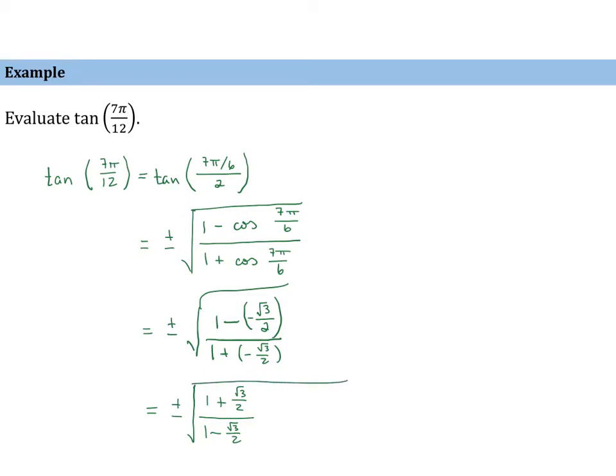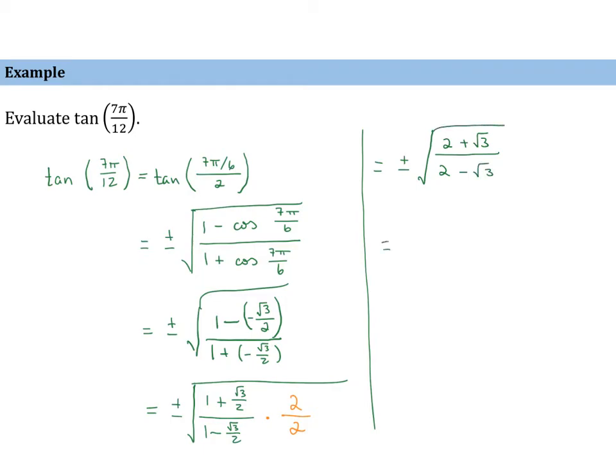And since we have a fraction within a fraction, we will use the trick again of multiplying to clear the fractions in the numerator and the denominator. And so we have positive or negative square root of 2 plus the square root of 3 over 2 minus the square root of 3.